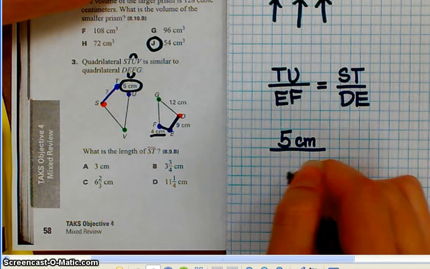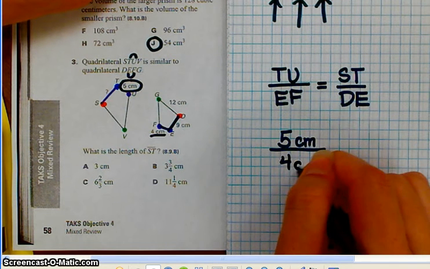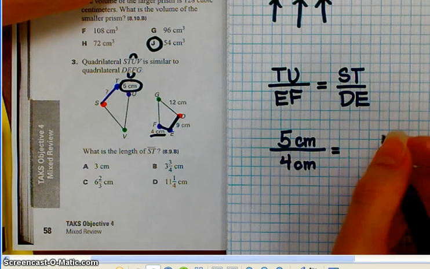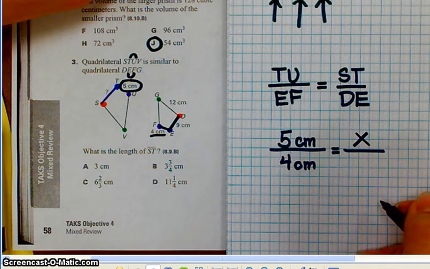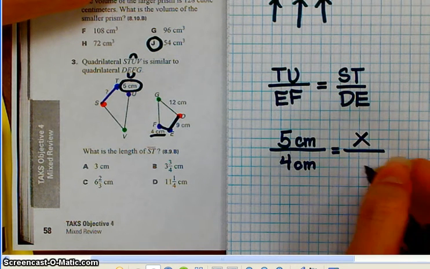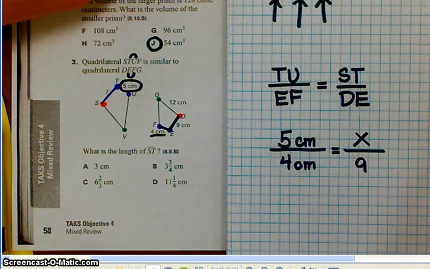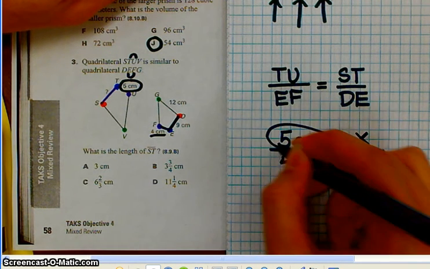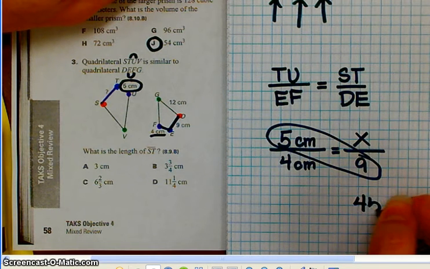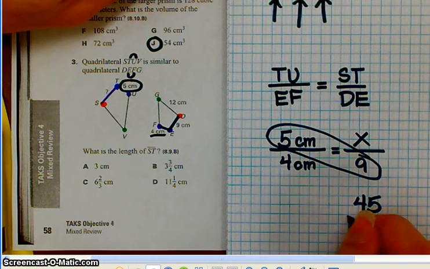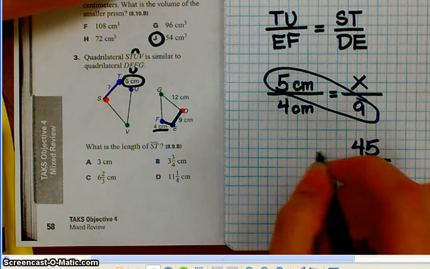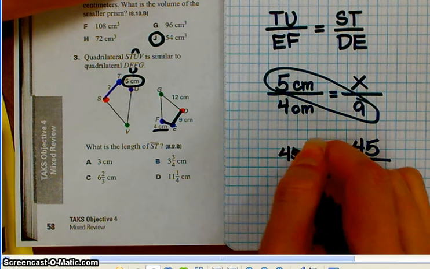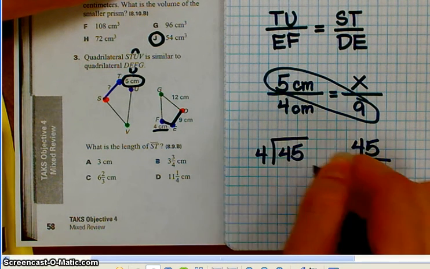EF is 4. ST, we don't know. DE is 9. Okay? And then we cross multiply. 9 times 5 is 45. 45 divided by 4 will give us our answer. So 45 divided by 4.